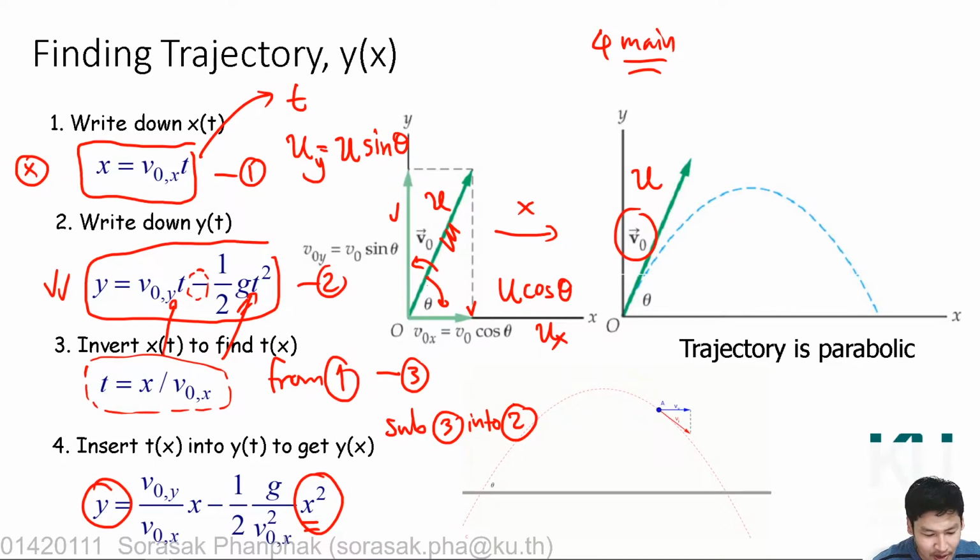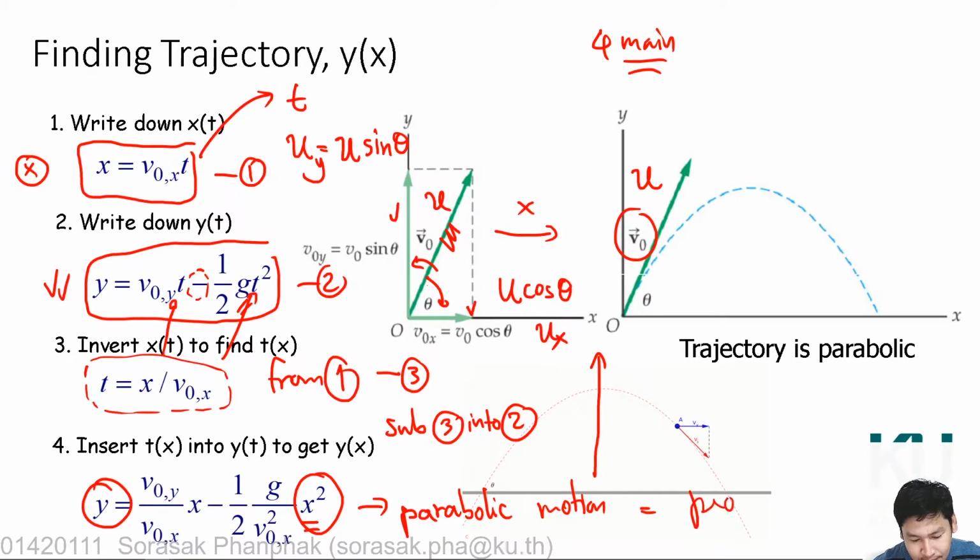The parabola will curve against the y-axis because y is power 1 and this is power 2, x squared over 2. This is the definition of parabolic motion, or in our definition, projectile.